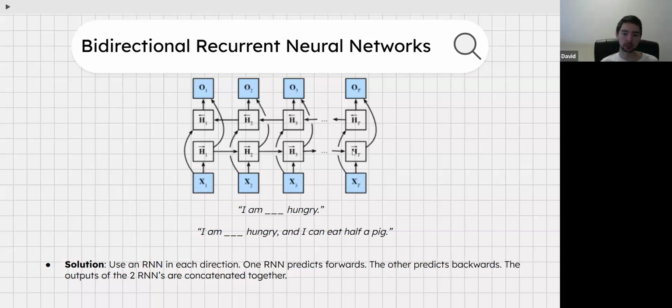So we can take the input and put it into the forward cell and the backward cell, and then concatenate both predictions. This has to be done sequentially, so it might be computationally more expensive. It can't be parallelized as easily.